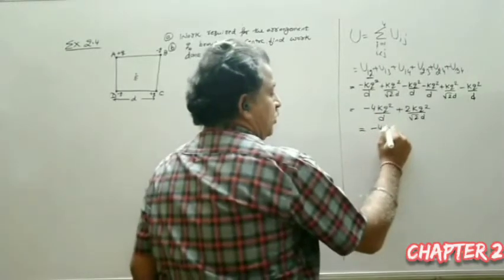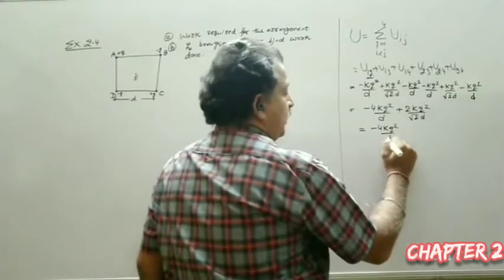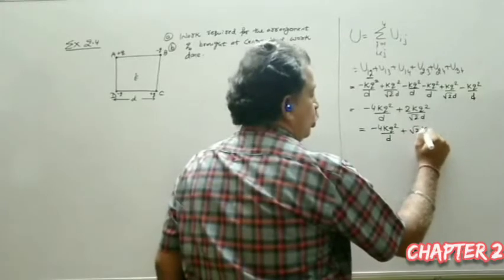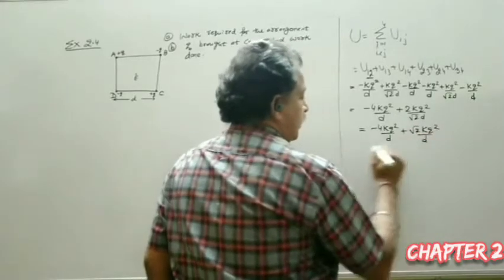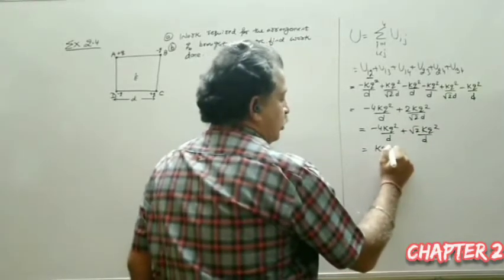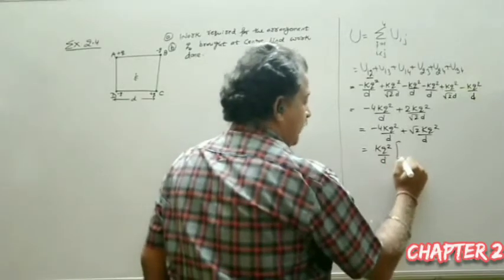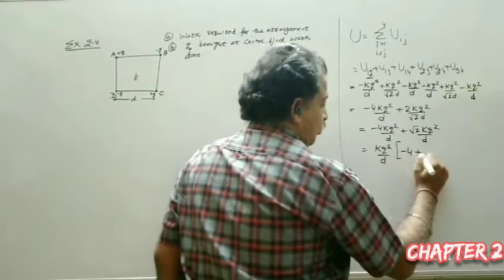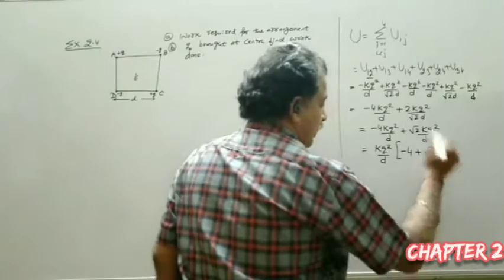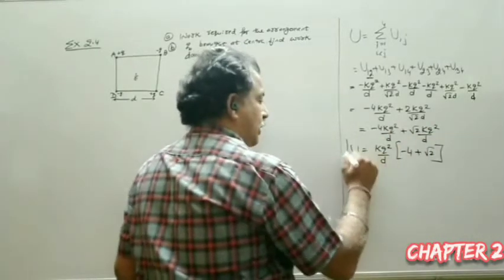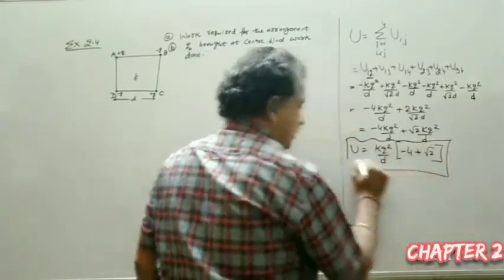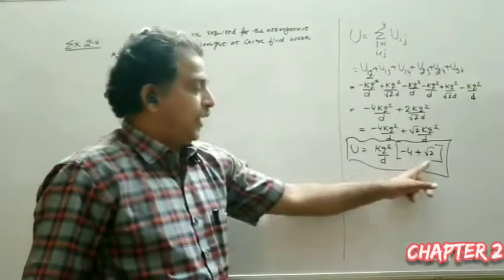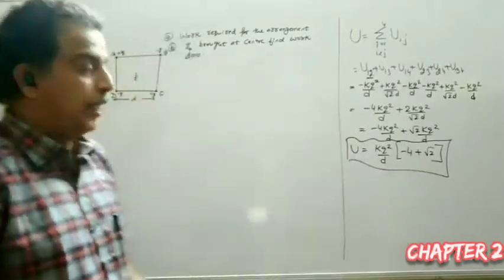So minus 4 K Q square upon D plus root 2 K Q square by D. Now taking the common K Q square by D within the bracket, we have minus 4 plus root 2. So this is the potential energy of the system. We can calculate this value with the help of a calculator.